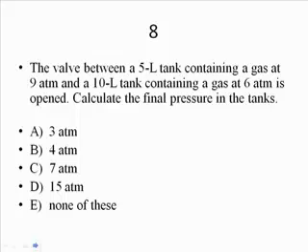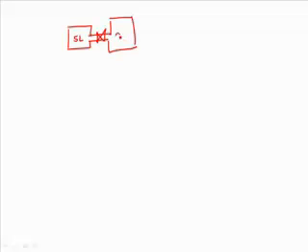Okay, number 8. A valve between a 5-liter tank containing a gas at 9 atmospheres and a 10-liter tank containing a gas at 6 atmospheres is opened. Calculate the final pressure in the tanks. All right, here we have a 5-liter tank, a valve in between, and a 10-liter tank.